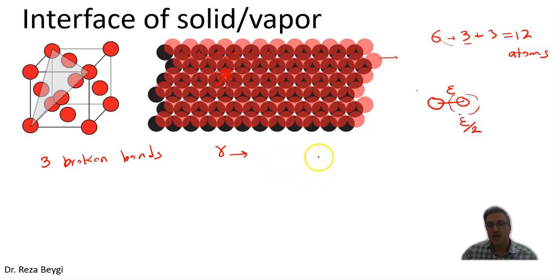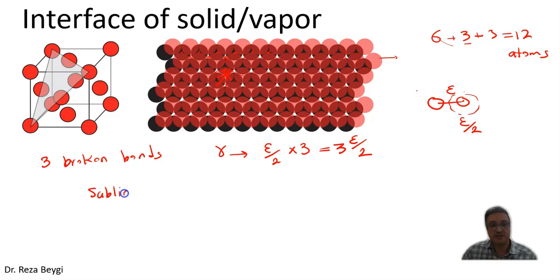So when we have 3 broken bonds, the amount of free energy that is posed on each atom is equal to epsilon divided by 2, multiplied by the number of broken bonds, which is equal to 3. So we have 3 multiplied by epsilon divided by 2. This epsilon is related to the latent heat of sublimation.